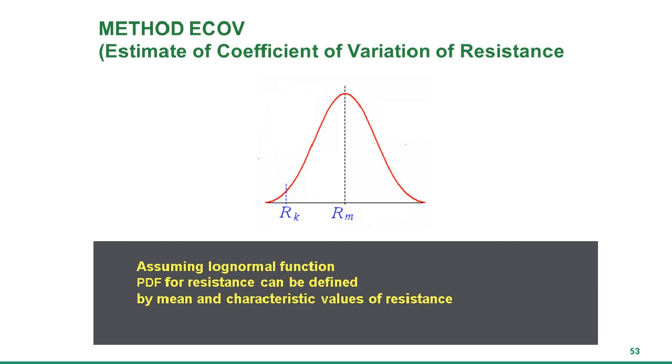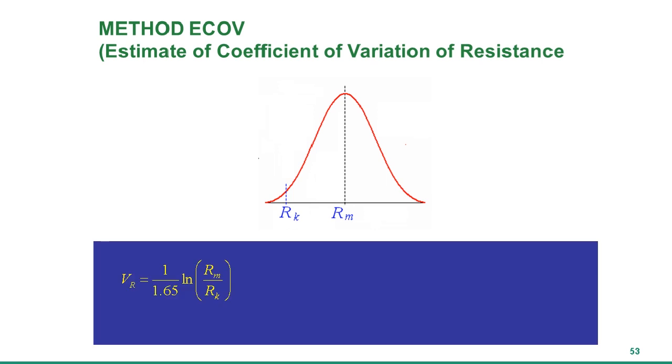And we say these analyses give us an estimate of the characteristic strength and mean strength. And then we can assume a log normal distribution. Of course, this log normal distribution is an assumption, but we know that for material failures and brittle materials, such a distribution usually happens in reality.